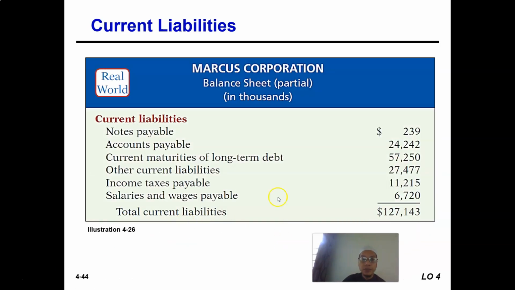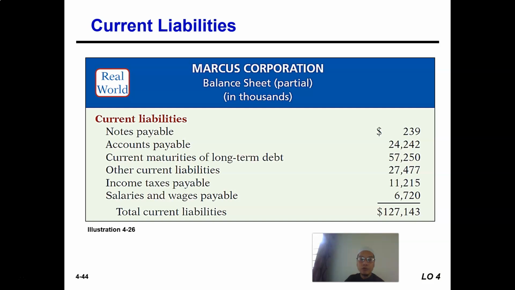So this is an example of a balance sheet of Marcus Corporation that shows the classification of current liabilities. Okay, these are the examples of current liabilities. There are notes payable, accounts payable, current maturities of long-term debt. Okay, they have long-term debt, but long-term debt that goes across multiple years.